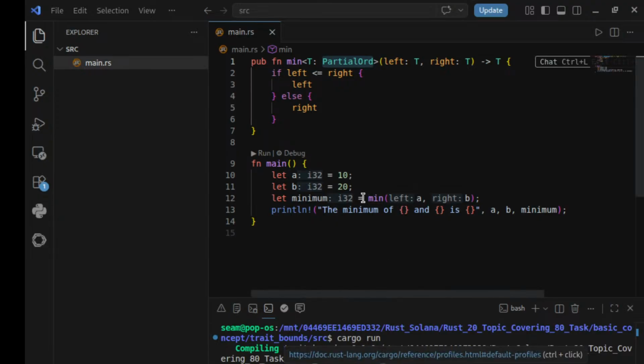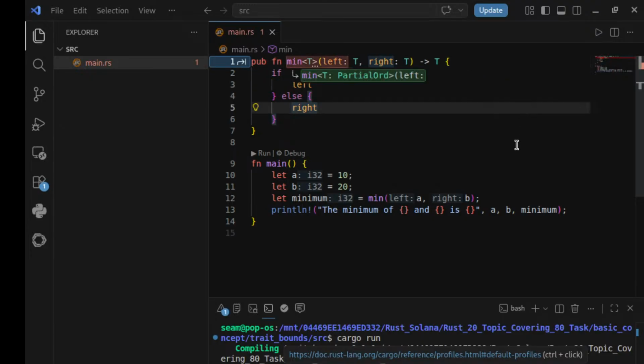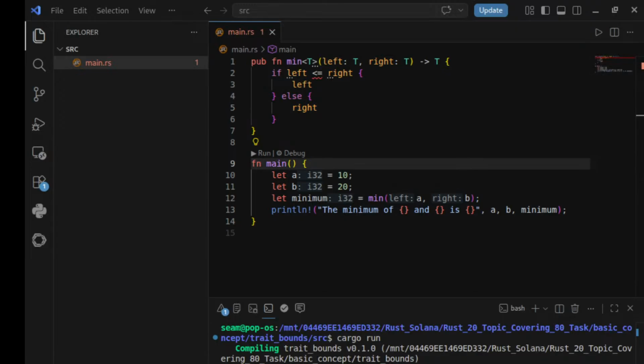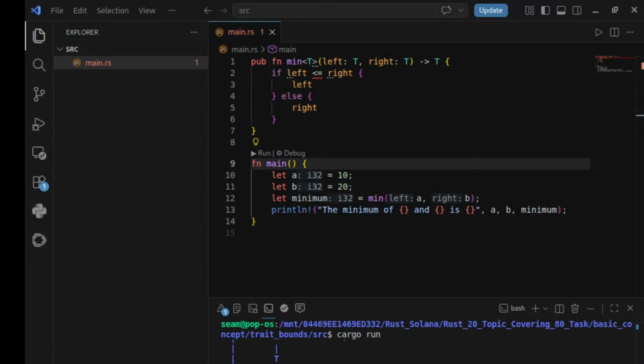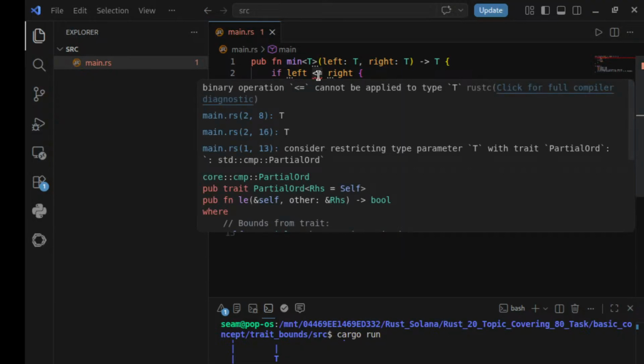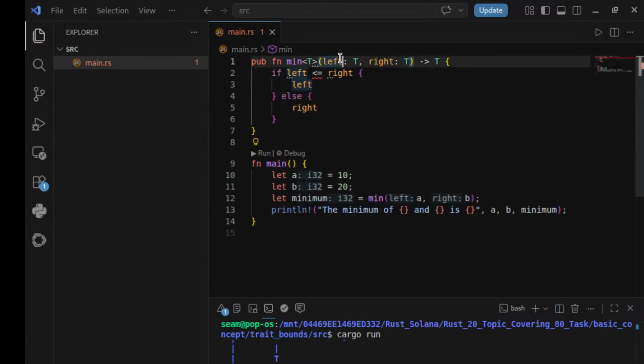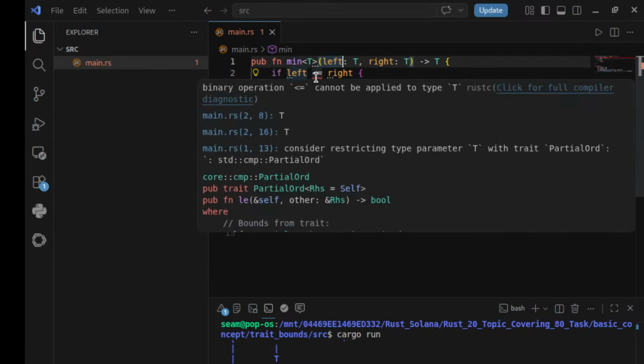Okay, if we don't use this PartialOrd, then what will happen? Let's see. We can't use this operation for our task because this is a trait.